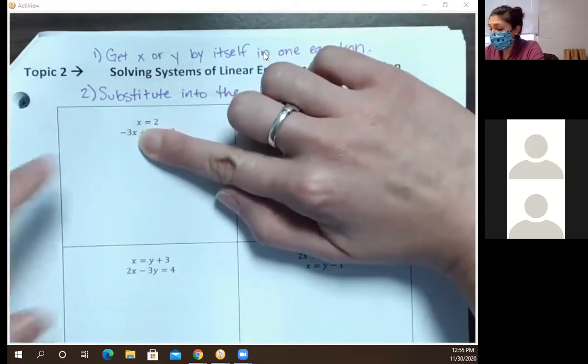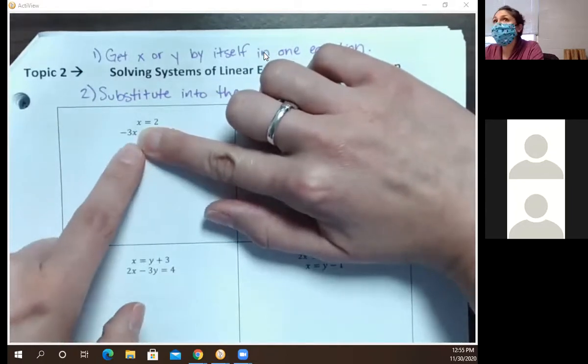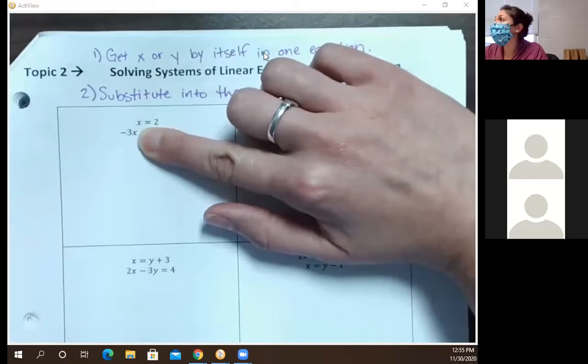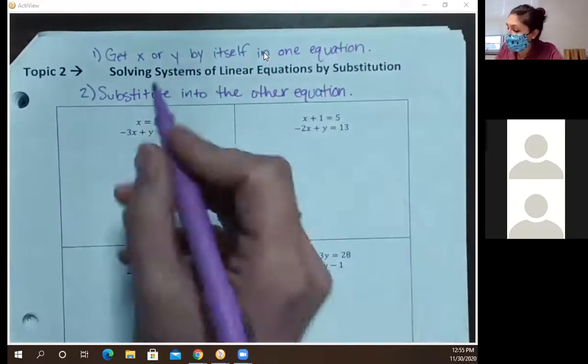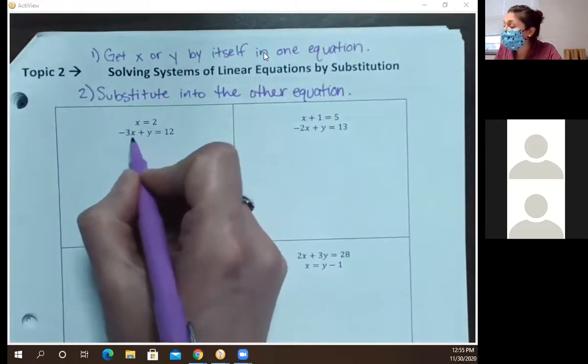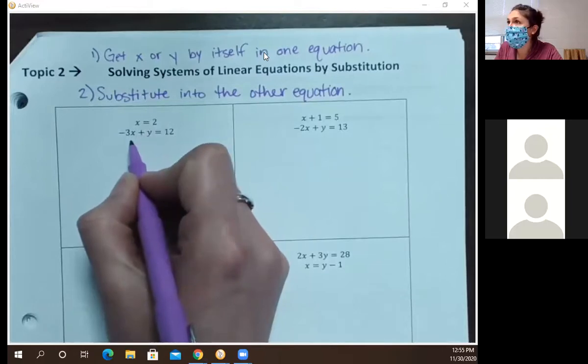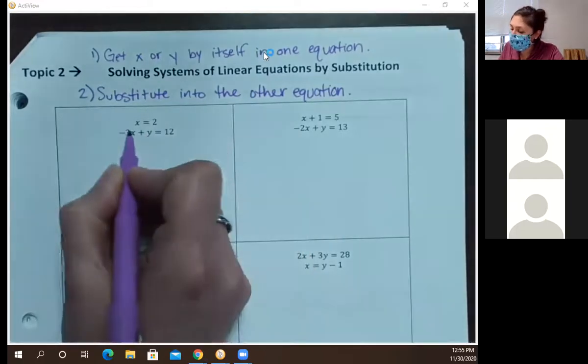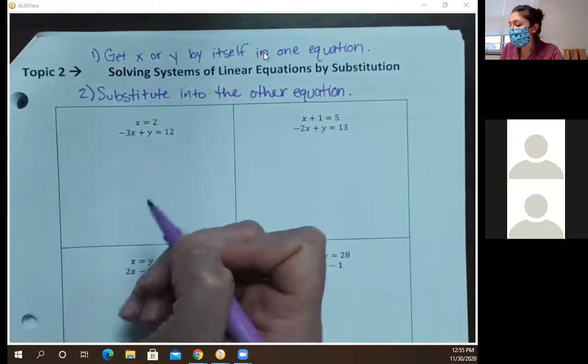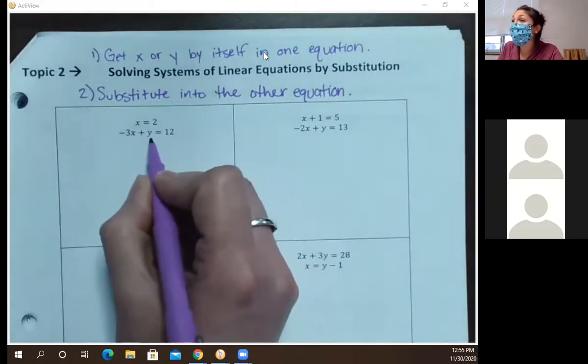So you would take 2 and plug it in for x in the expression and see what you got, right? Simplify. We're doing the same thing here. So we're going to take this value of x and substitute it into this other equation. But now, instead of just simplifying that negative 3 times 2, we actually have another variable that we need to solve for.